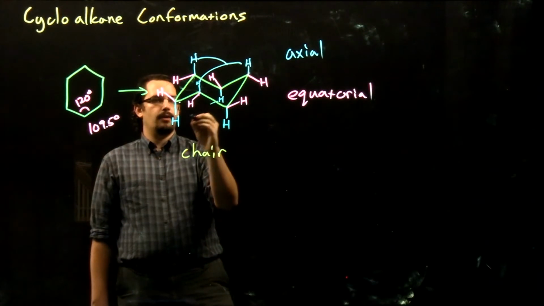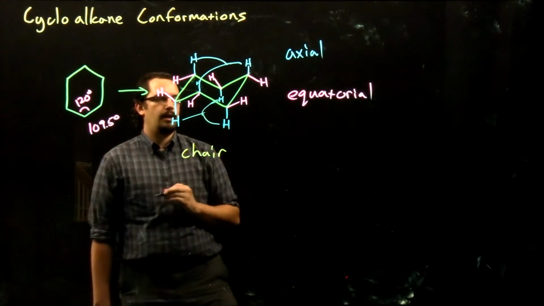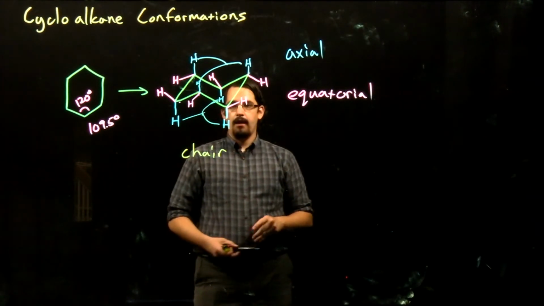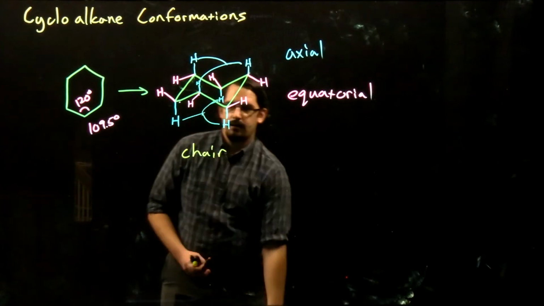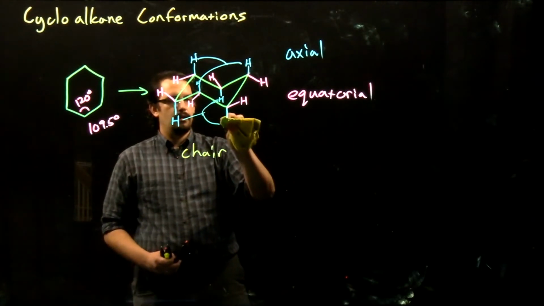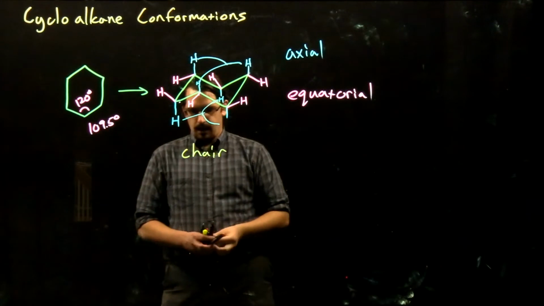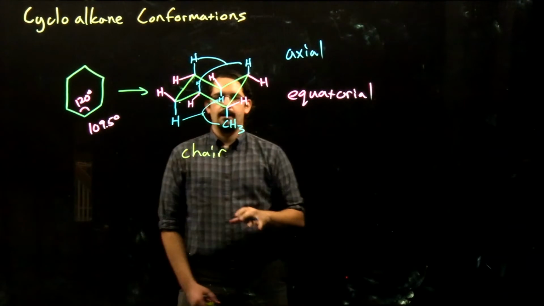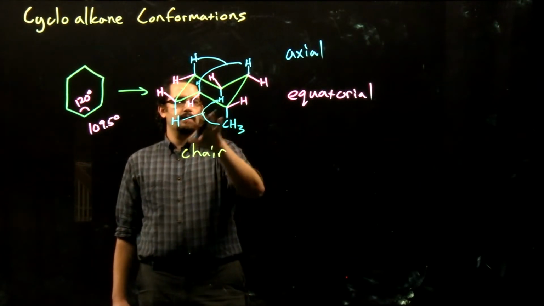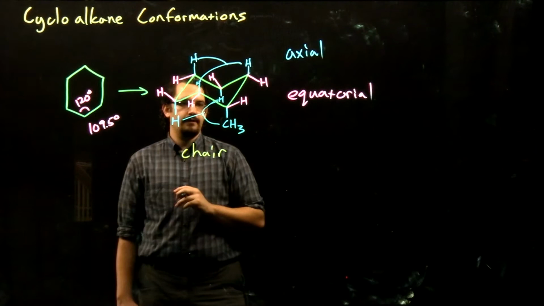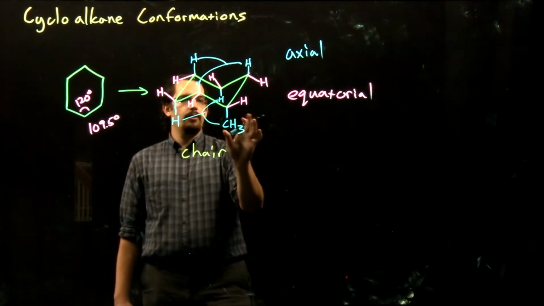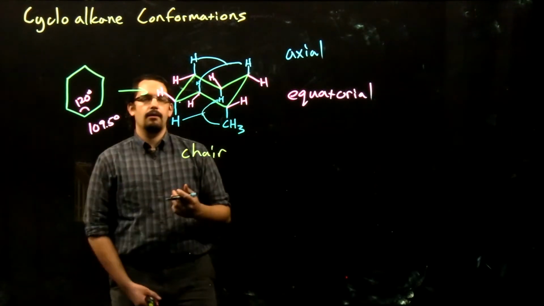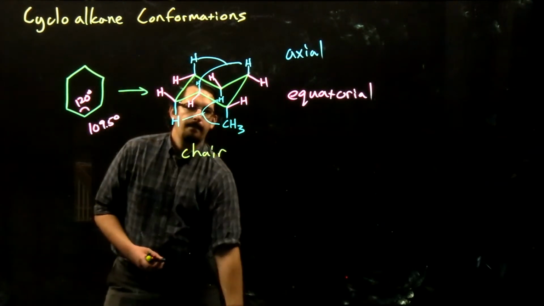And we can also get some crowding going on between our three axial groups on the lower half of our ring. So if I take one of these axial hydrogens and replace it with a methyl group, this methyl group is going to experience some significant crowding with those axial hydrogens. So we really don't want big things in an axial position because we'll have some crowding with our other axial groups.